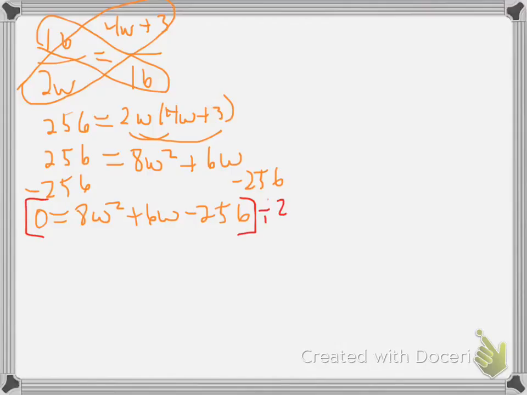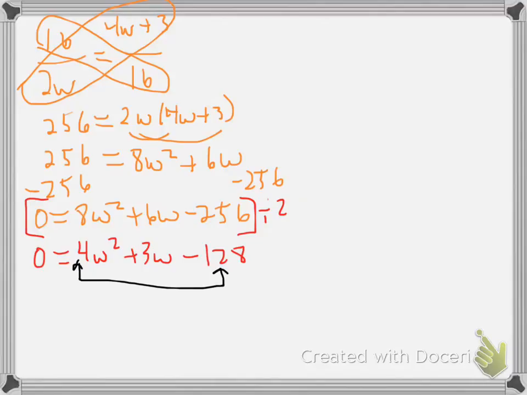And it turns out I get 0 equals 4w squared plus 3w minus 128. So now this becomes kind of a yucky problem. I hadn't shown you this part yet this year. You should have seen it last year, but we're going to have to factor this. We're going to have to do an extra step.